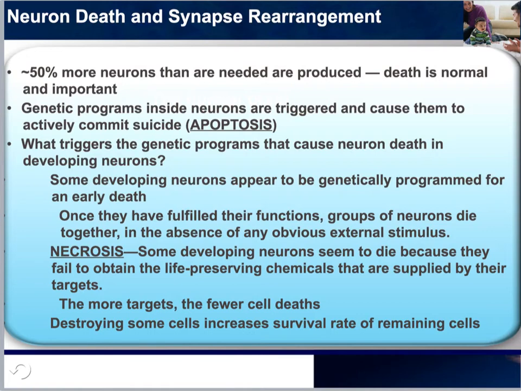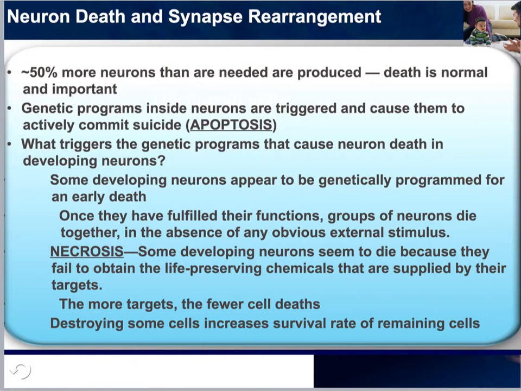Evidence that life-preserving chemicals are supplied to developing neurons by their postsynaptic target comes from two kinds of observations. One, in which they grafted an extra target structure, like an extra limb, to an embryo before the period of synaptogenesis. What this did is that it reduced the death of neurons growing into the area.